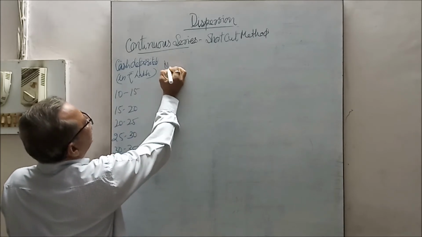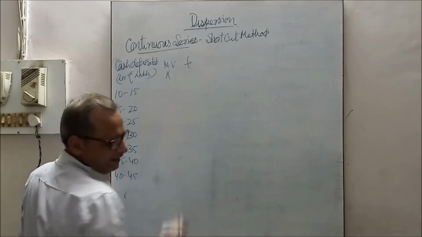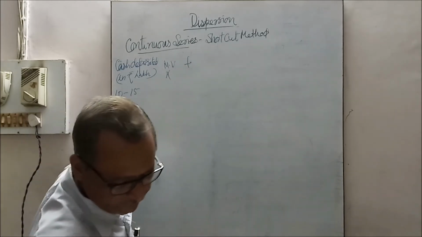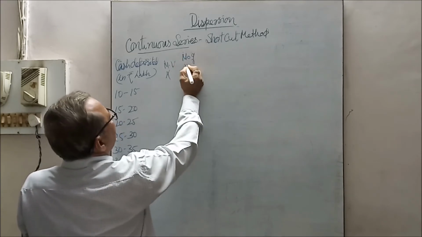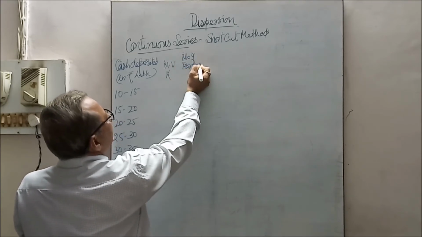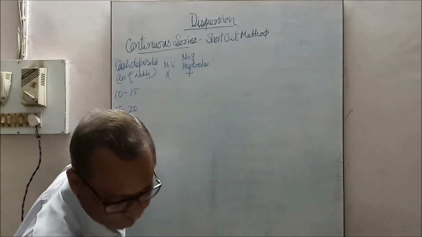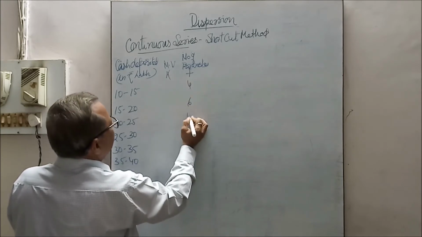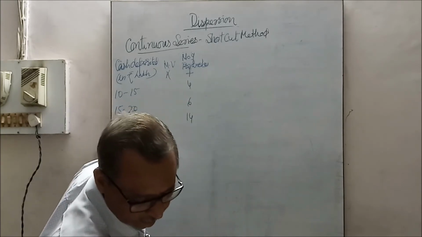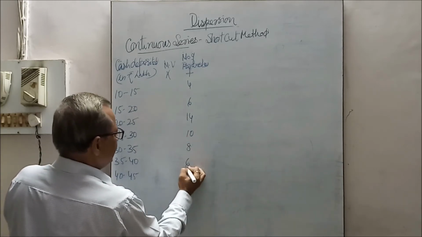Taking mid value over here, that will become the x. Now frequency is given, that is number of branches, frequency. These are 4, 6, 14, 10, 8, 6, 2.